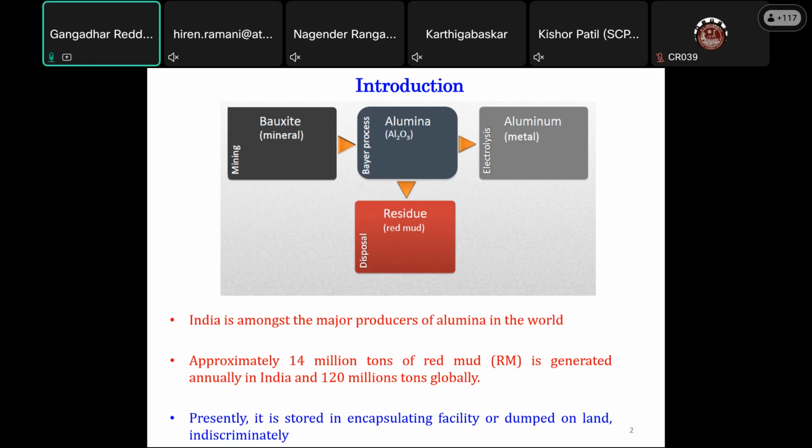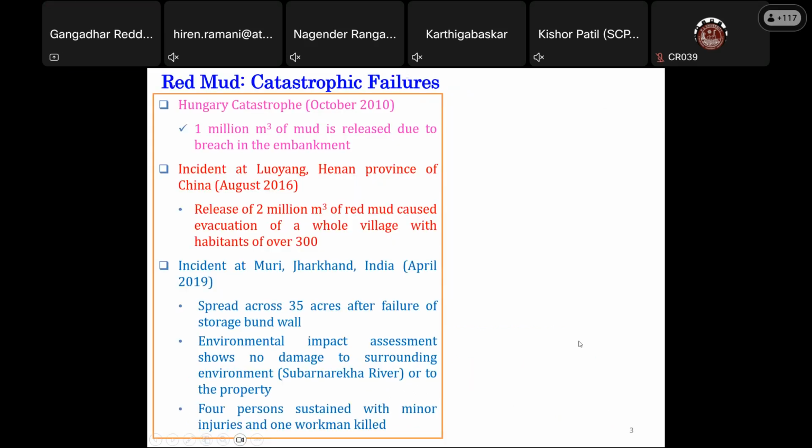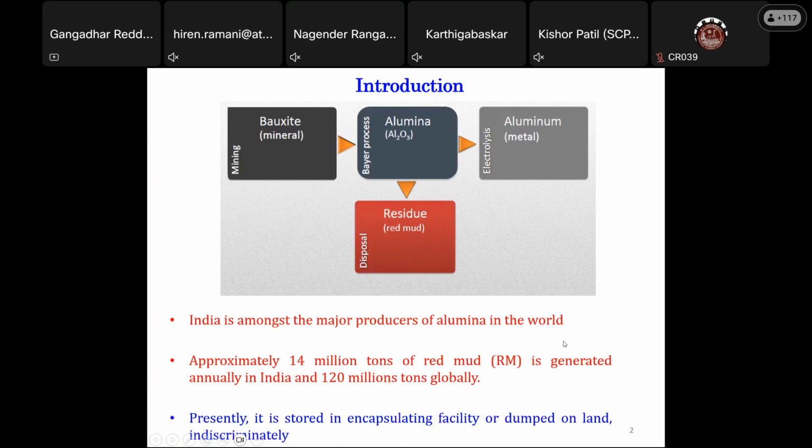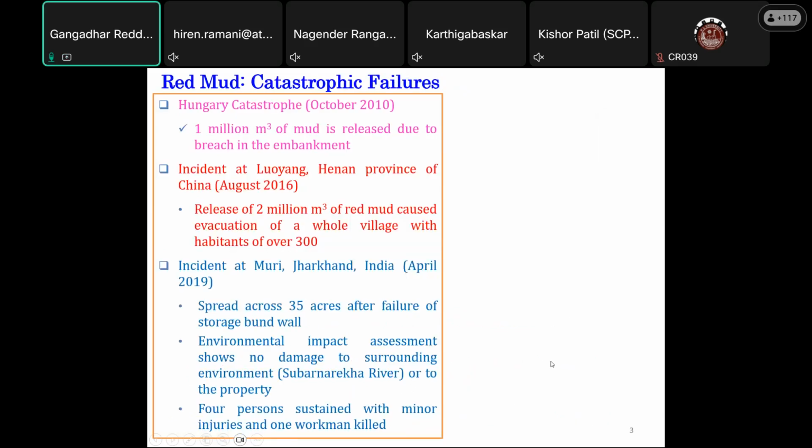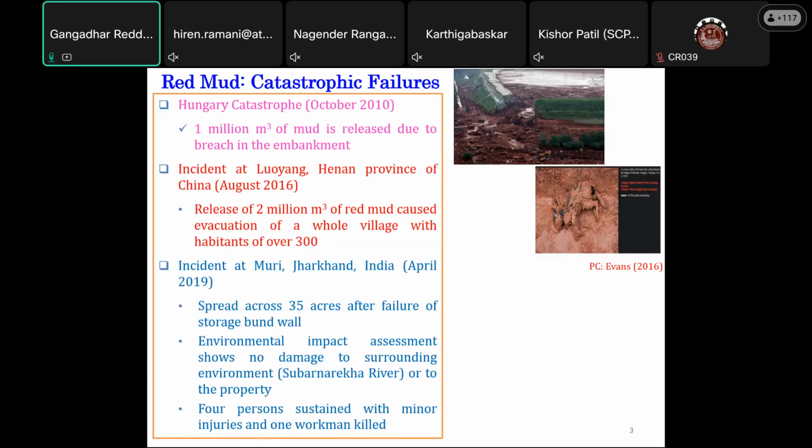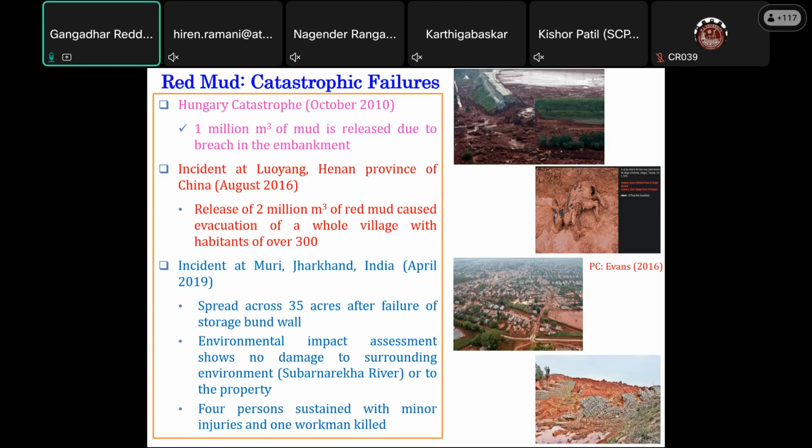You can see some of the issues with red mud, such as catastrophic failures, in this particular slide, which are not only in India. In Jharkhand, there was a recent red mud breach.